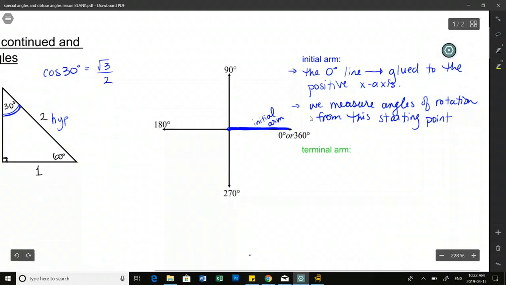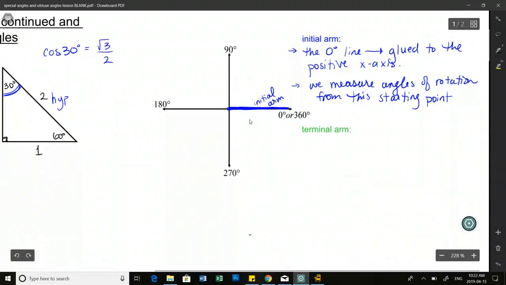Okay, the other thing that we need to know is called the terminal arm. And the terminal arm is what is responsible for showing where we've measured that angle to. So let's just say I want to measure an angle of 120. I'm going to start at 0. We rotate counterclockwise, so rotating this way. And I'm going to measure the distance between my initial arm and that angle of rotation.